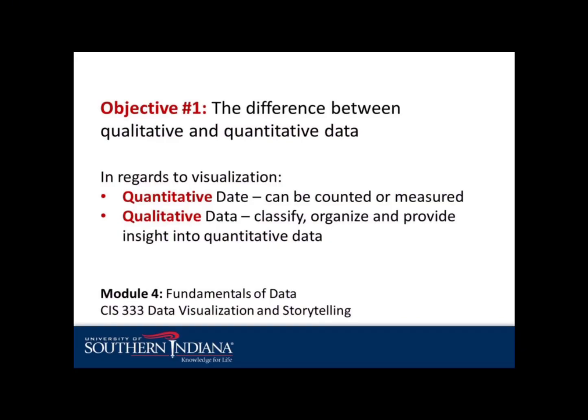And the reason in research they say that is because the quantitative data, in order to get some meaning to it, is dependent upon the qualitative data. So that's why they say quantitative data is dependent, qualitative data is independent. Another way to think about that is that qualitative data is going to provide some additional meaning or context to your measures or your quantitative data.